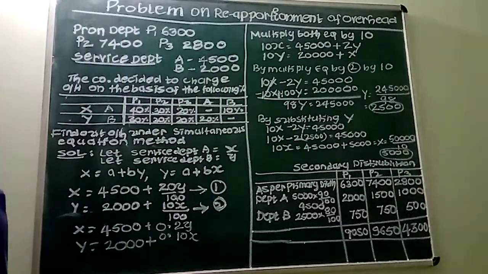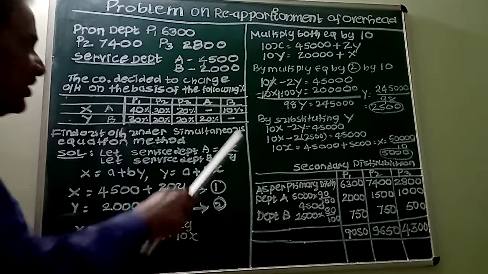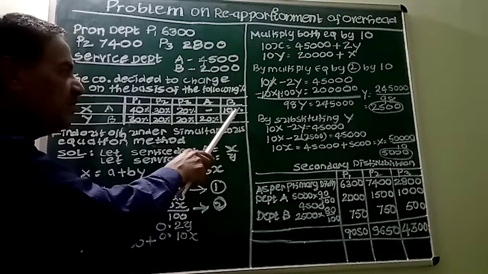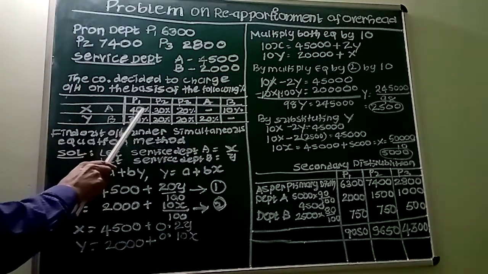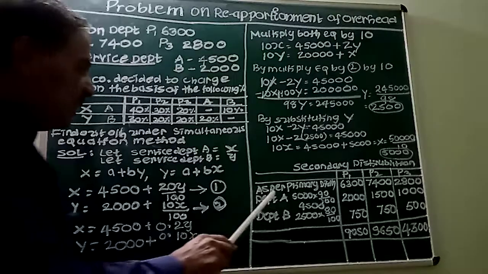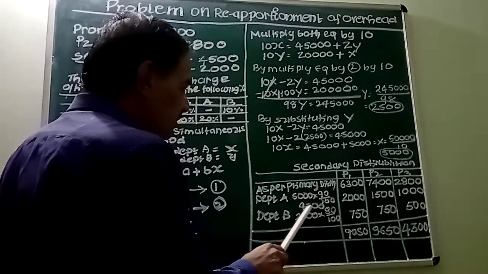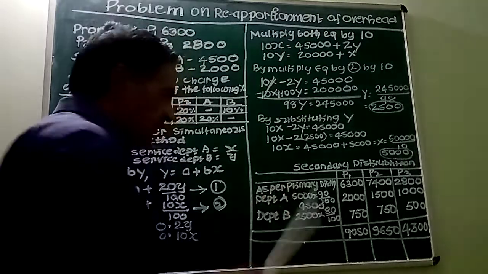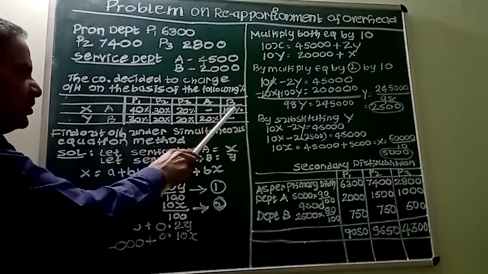In this 5,000, you take only 90% because 10% will go to department B. So the total overheads are 40 plus 30 plus 20 is equal to 90%. What is 90% of 5,000? 5,000 into 90% is equal to 4,500.